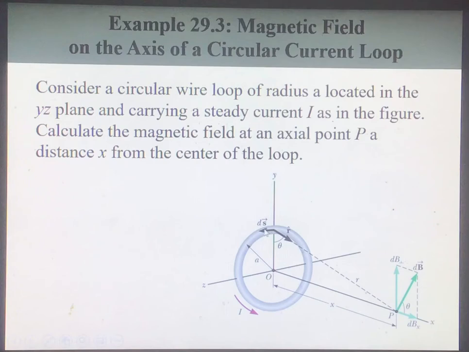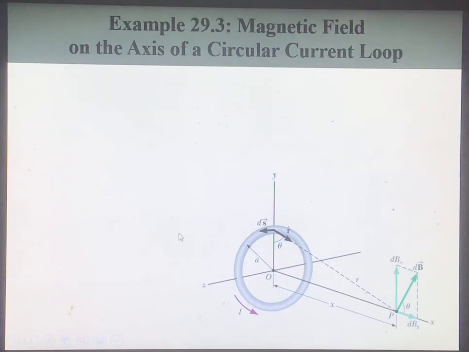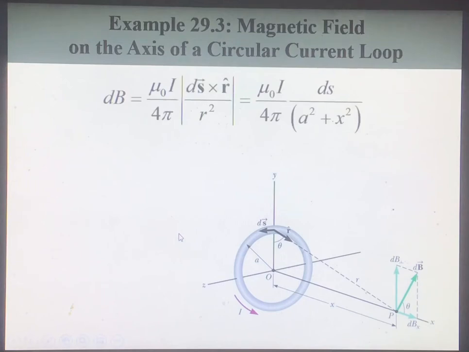So again, I can set up my system right here. This is my ds vector. This is my r hat vector. Notice that there is 90 degrees between my ds vector and my r hat vector. And in this example also, my current is going in the counterclockwise direction. So I can set up my integrals like this.